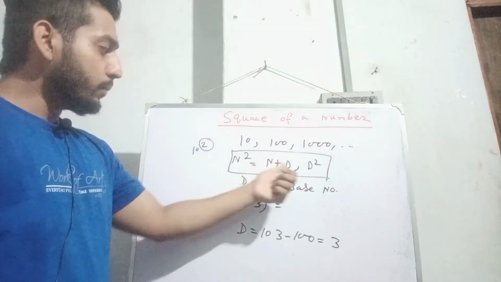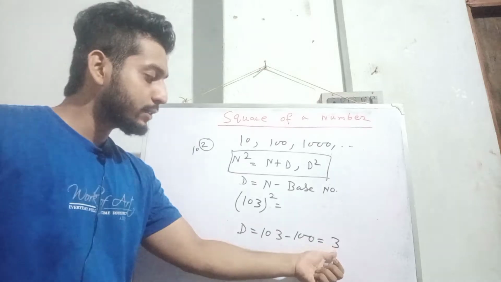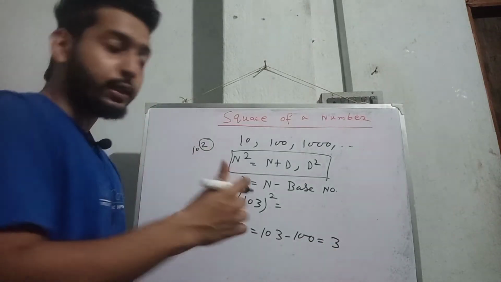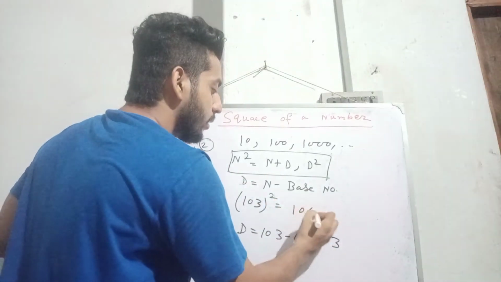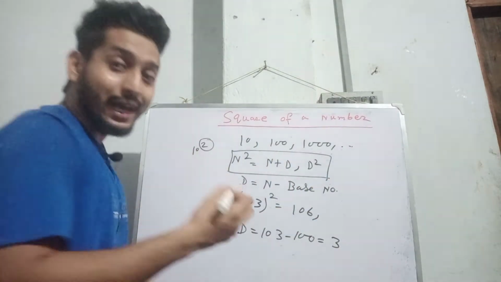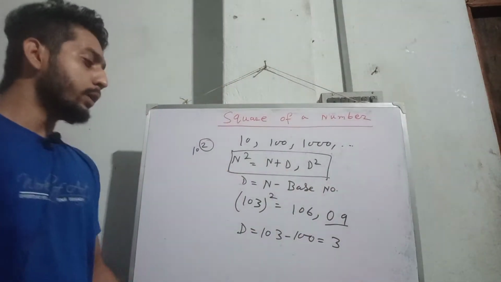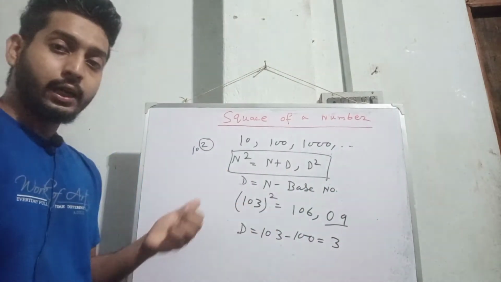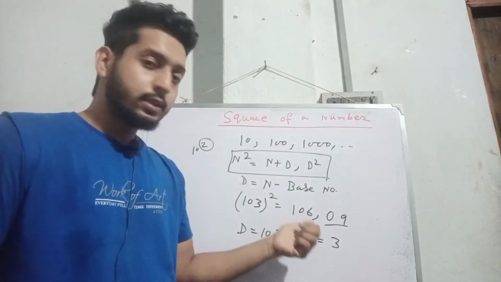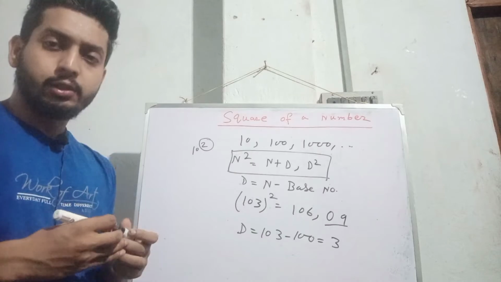Now n plus D: here n is 103 and D is 3, so 103 plus 3 is 106 comma 3 square. What will be 3 square? 3 square is 9, and here we put 0. So the square of the number 103 is 106 comma 09. This is the square of the number 103.